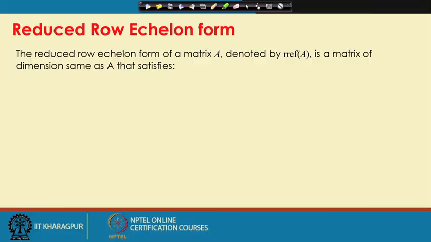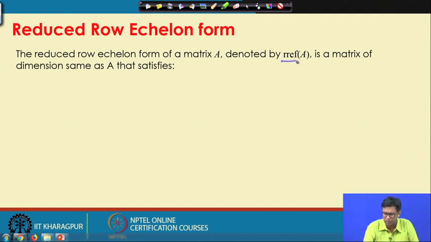This is a form of a transformed matrix A. A matrix A will get a reduced row echelon form through matrix transformation, and it is denoted by RREF of A in several computer programs.